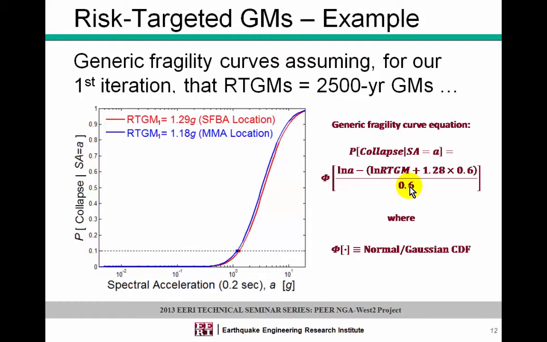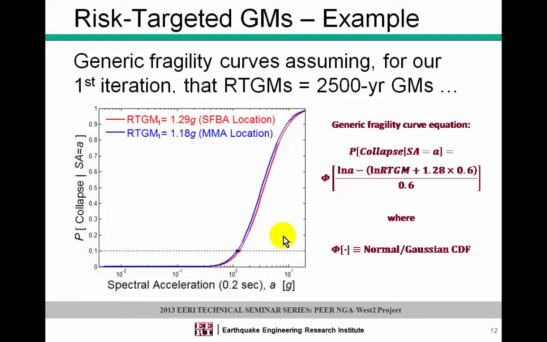With that equation and assuming 0.6, this parameter is often referred to as beta, we get our fragility curves for these two different locations, where we're starting with an assumption about what we would design a building for at each of those. The fragility curves are pretty similar because you're designing to pretty similar levels of shaking at the two locations. So those are the fragility curves that we're going to use.